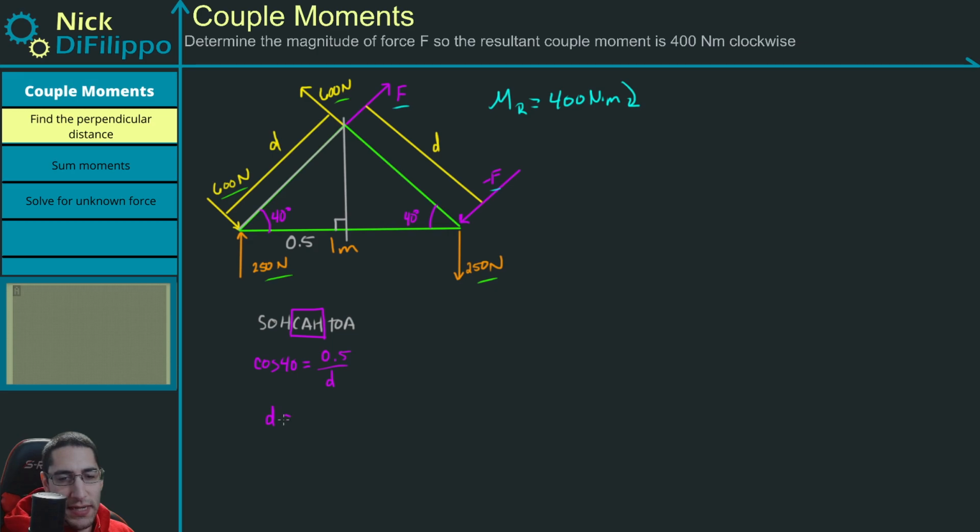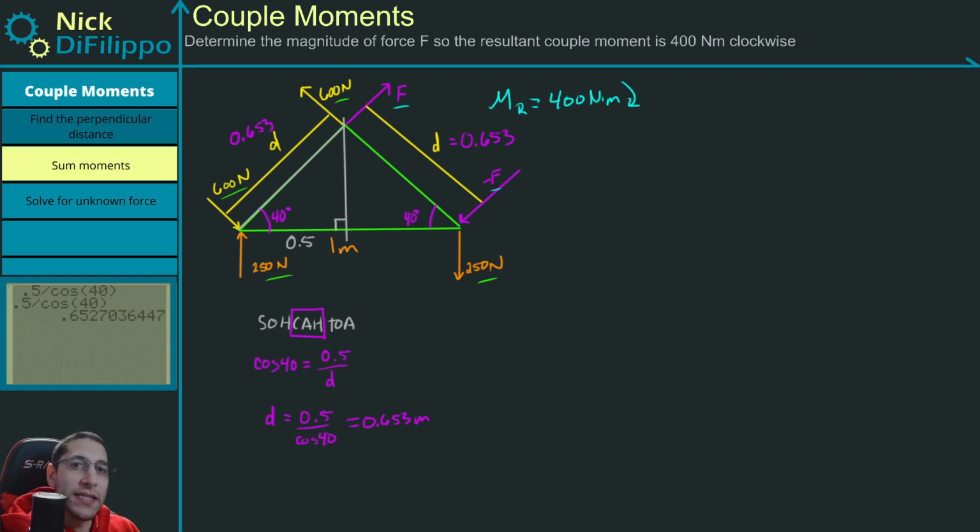I can solve for d. d is going to be 0.5 divided by the cosine of 40, and that number is going to be 0.653 meters. So this distance right here is 0.653, and this is equal to 0.653. Now this problem becomes very easy.